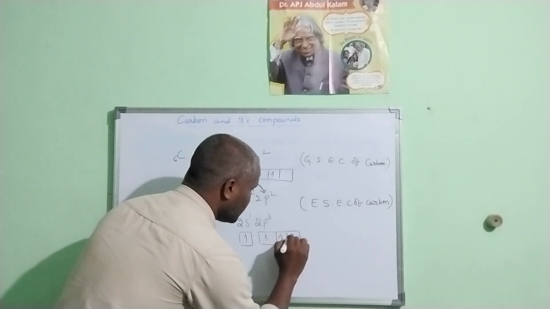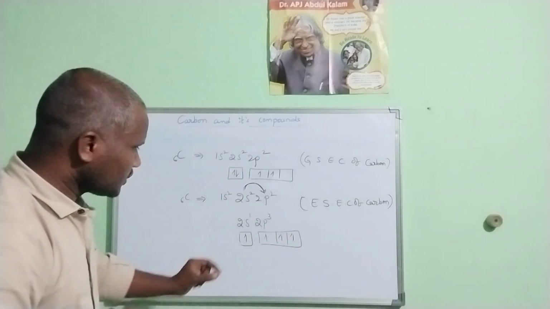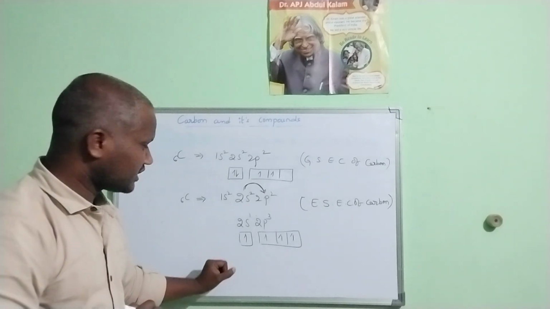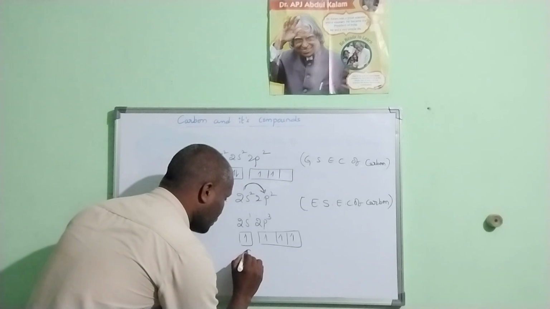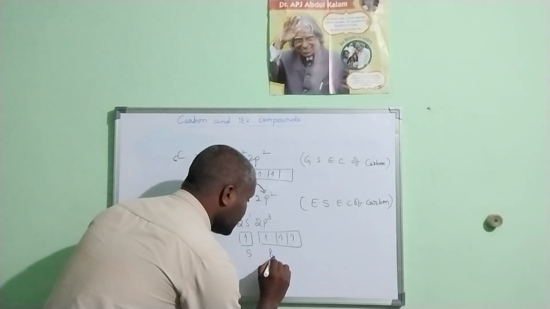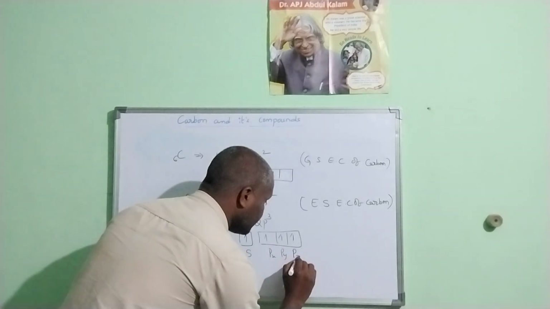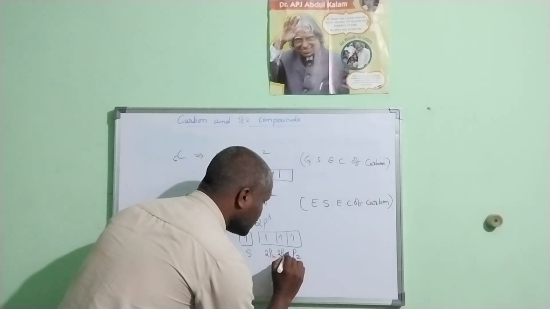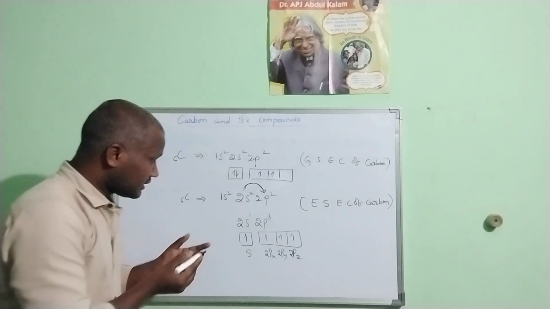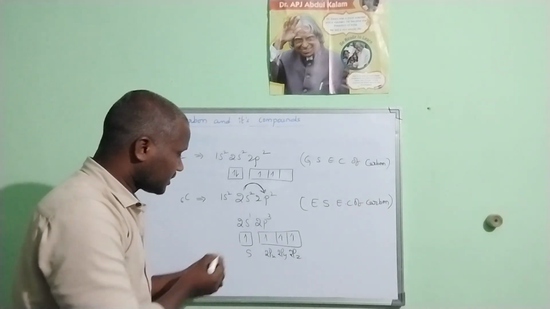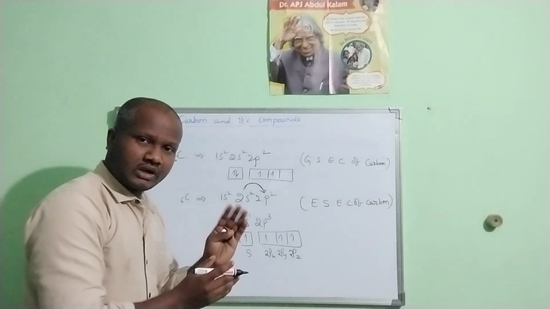So in the excited state electronic configuration, carbon has 4 unpaired electrons: one in the s orbital and the remaining three in 2px, 2py, 2pz.